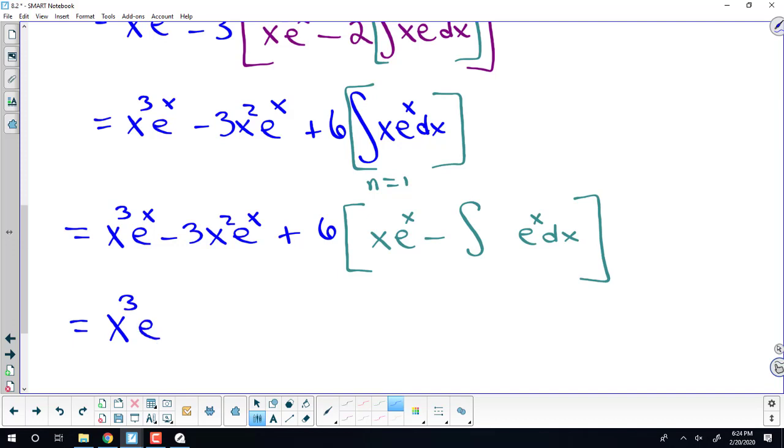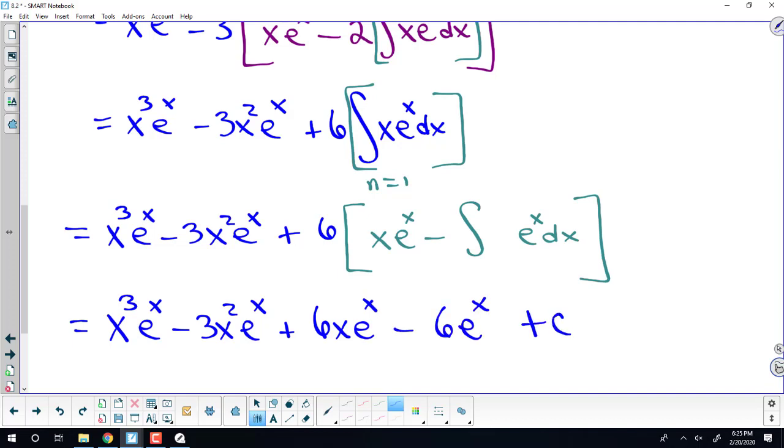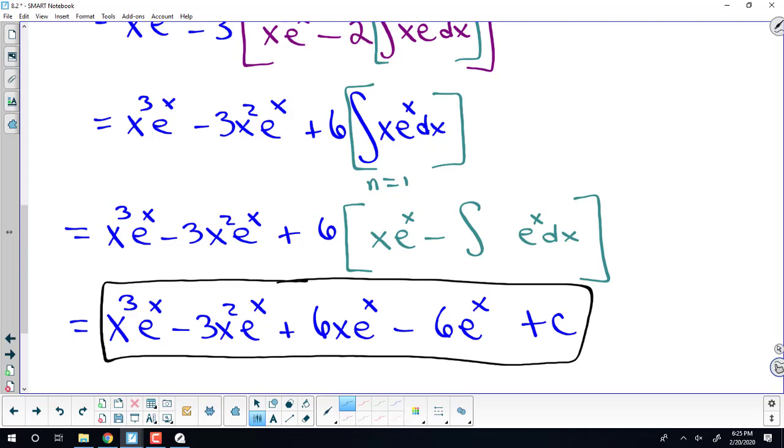And then for something like this, the tabular integration is much faster anyways. Questions on that?